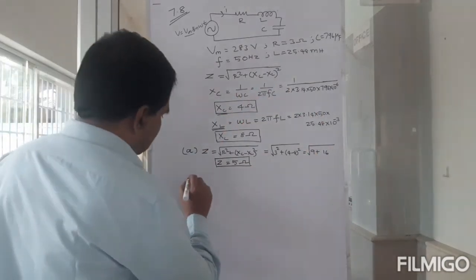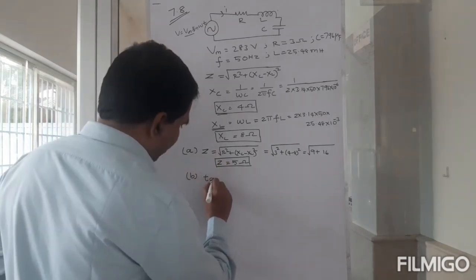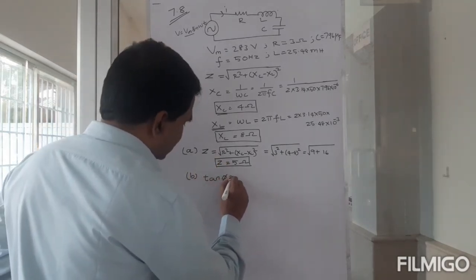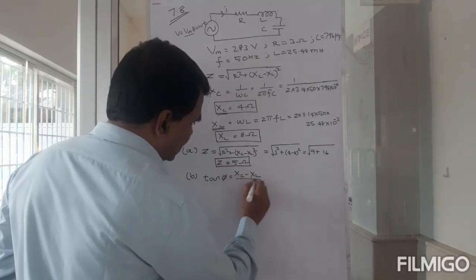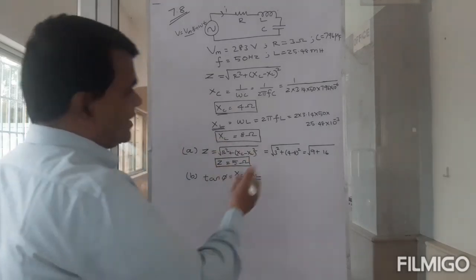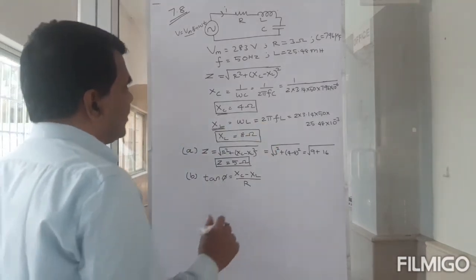So that is given by this expression: tan phi is equal to XC minus XL. Note that carefully. It is XC minus XL, so that you will get the sign also correctly.